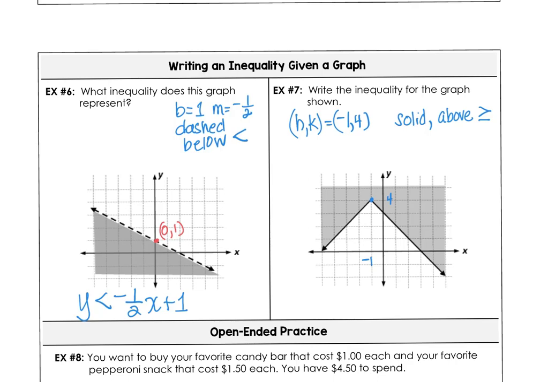Your a value is negative since the absolute value is reflected across the x-axis. So we have a slope of negative 1, and you can tell that it's 1. So your inequality would be y is greater than or equal to negative 1 times the absolute value of x minus negative 1, plus 4. Okay?